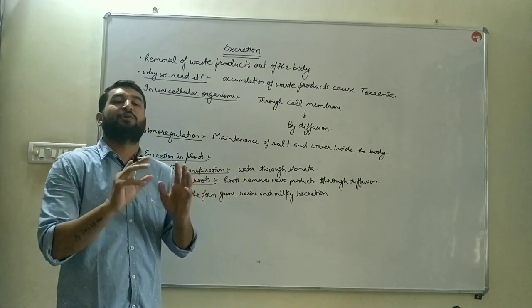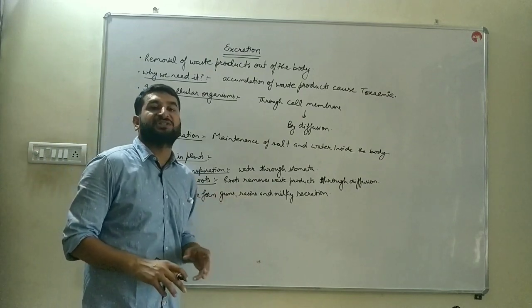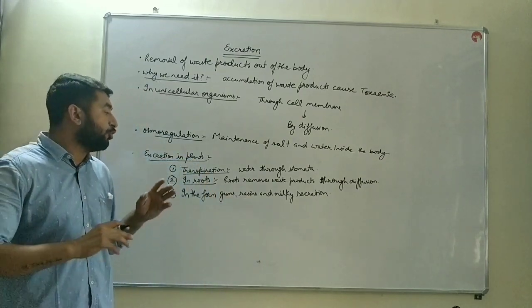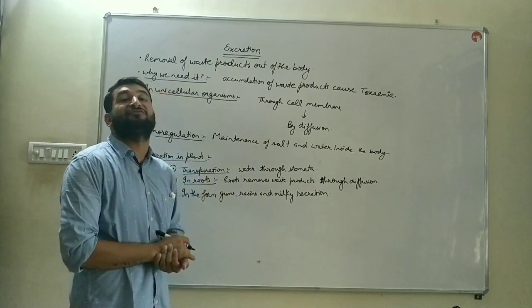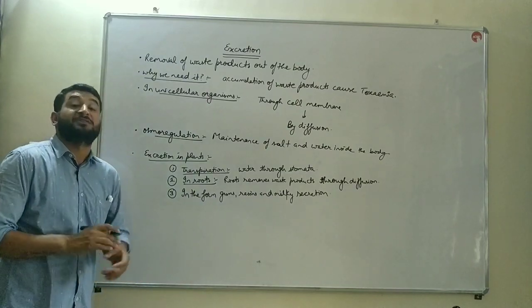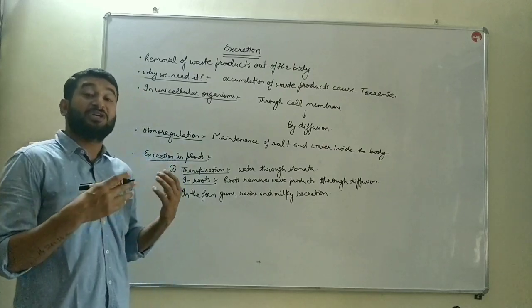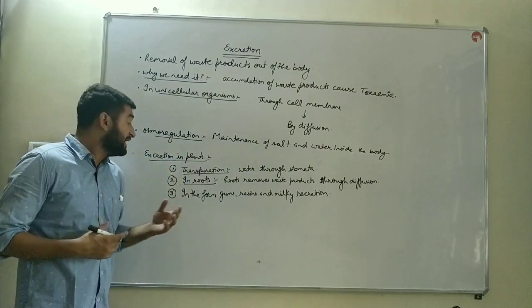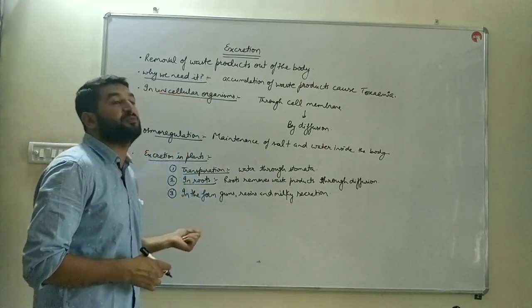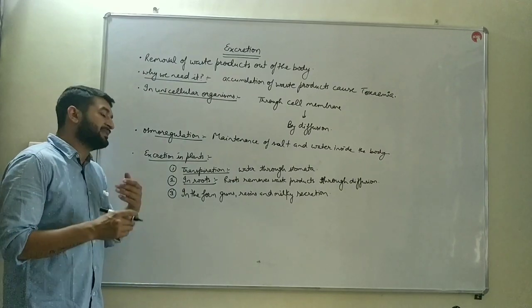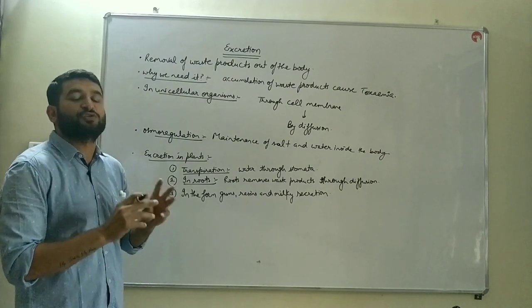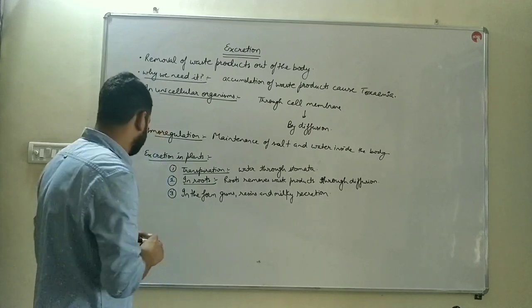Resins are released by the stem or bark, and the milky secretions are secreted by their leaves. All these secretions of the plants are waste products. In some cases, those waste products are even useful for us. The gums are used by us. These are actually waste products of the plant, by which plants maintain the balance of salt and water inside their body.